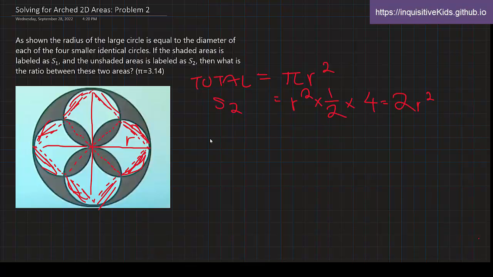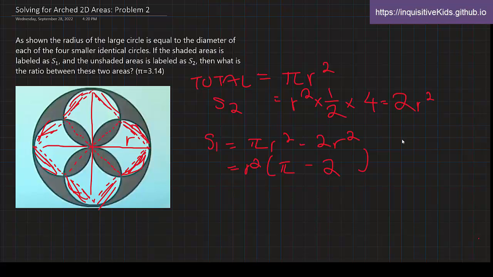So what about S1? S1 would just be the total subtract this. After removing 2r squared from this equation, we will have r squared multiplied with the difference between pi and 2. So now what are we trying to find? We're trying to find the ratio between S1 and S2.